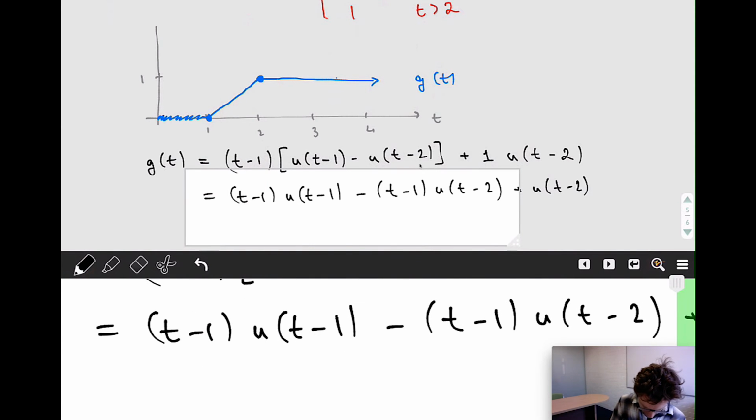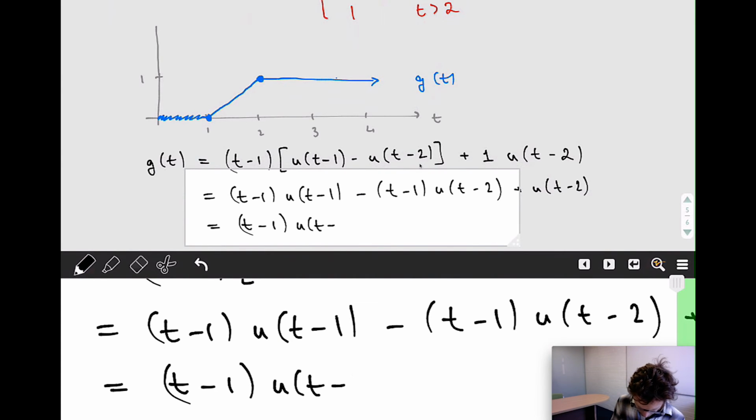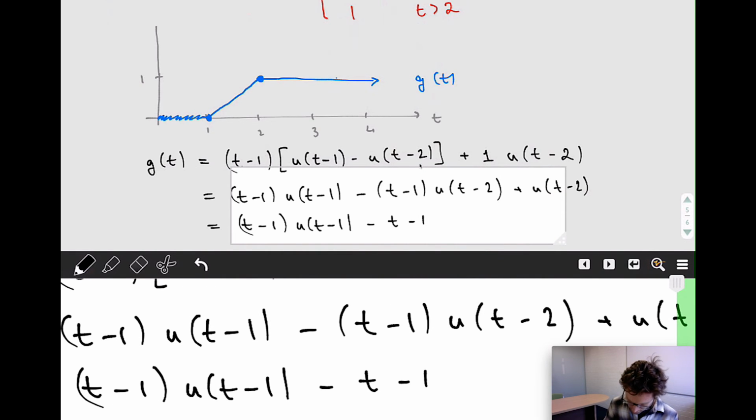Let's put those two things together. I've got t minus 1. I can take that other term inside and I'll get t minus 2, u of t minus 2.